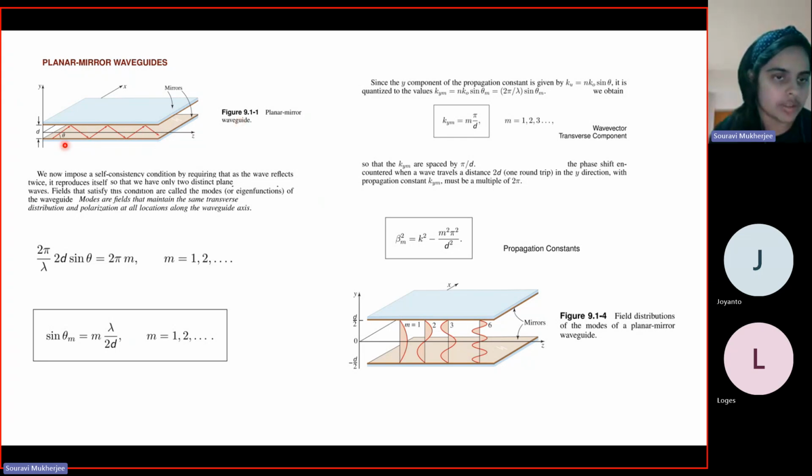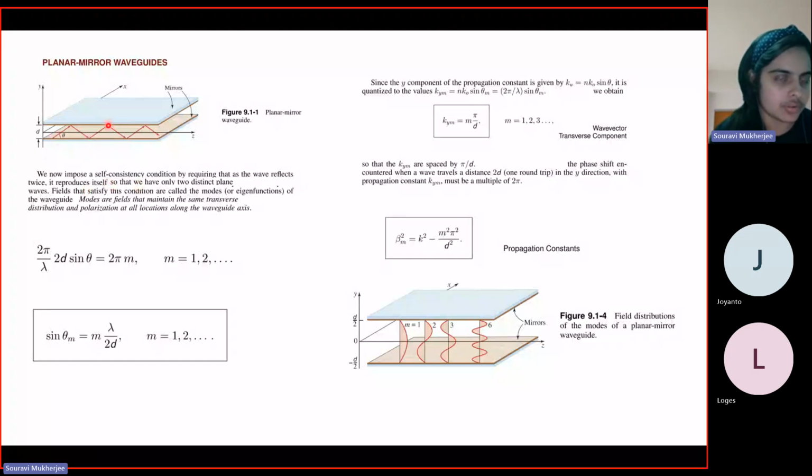So what's important to assure for proper transmission is this self-consistency condition, which says that when the wave reflects twice, it starts from here, reflects once here, and then reflects again here. But once it reaches here, the wave here and the wave here are the same. So it reproduces itself at these two planes.